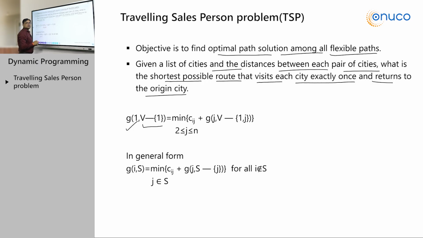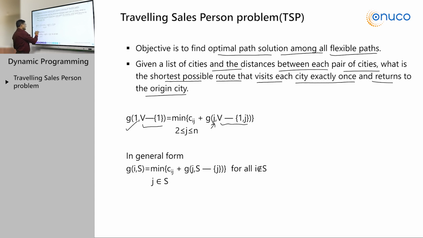C of ij is the distance from i to j plus G of j, the intermediate vertex, to V minus 1, that is the source vertex, minus j is the remaining vertices. So it can be 2, the number of vertices 4 minus 1 minus 2. So we are going to find either the 3rd or 4th vertex combinations.